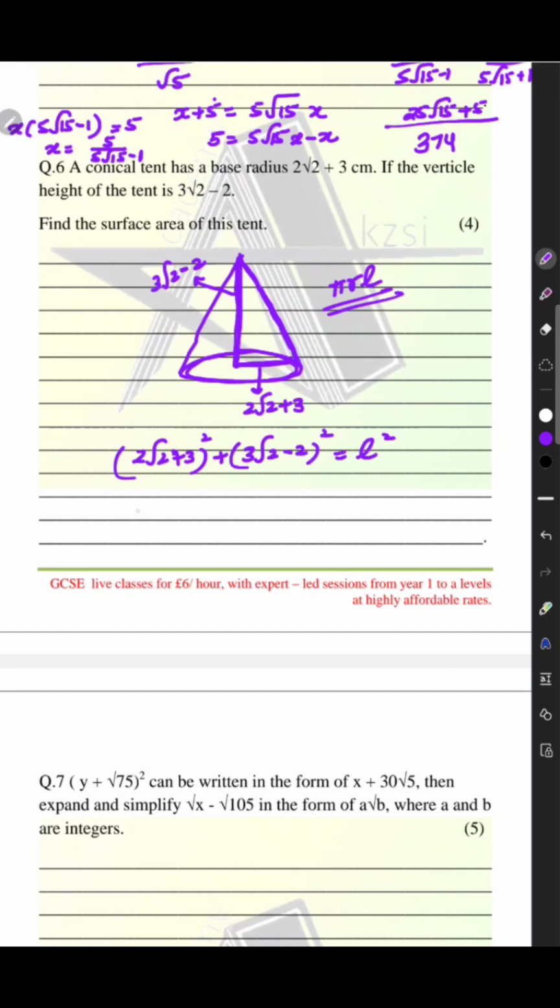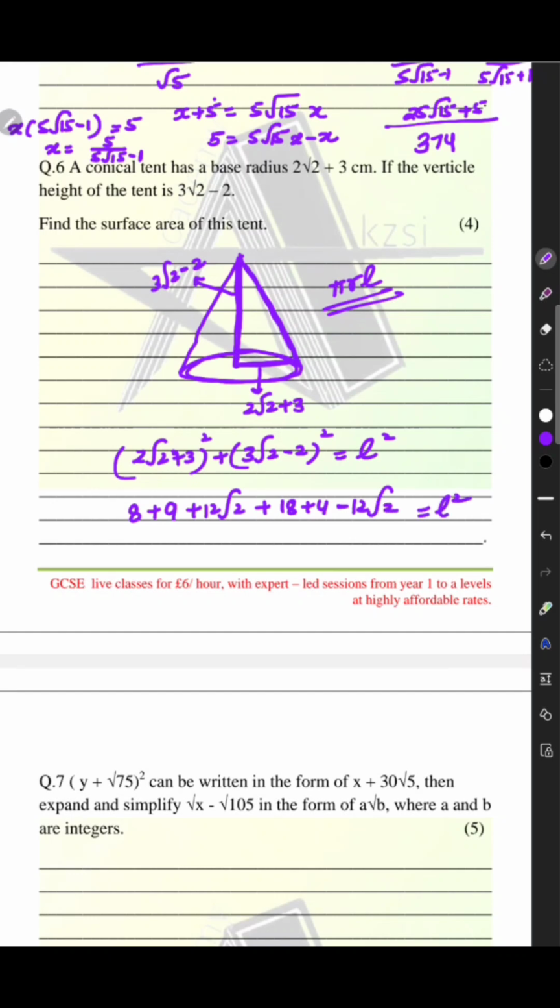This is 8 plus 9 plus 12 root 2 plus 18 plus 4 minus 12 root 2 is equals to L squared.